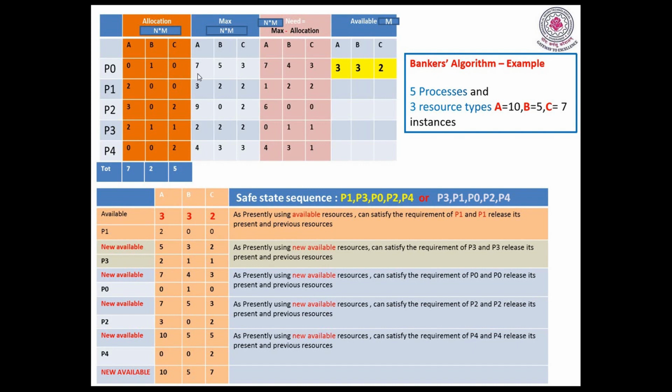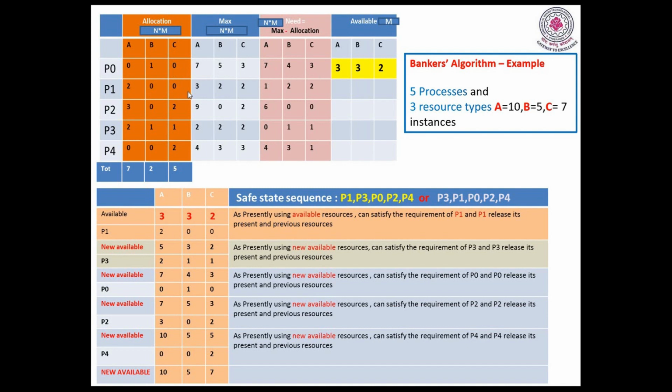You see P0, maximum requested 7, 5, 3. Allocated 0, 1, 0. So subtract. 7 minus 0, so still 7 required. 5 minus 1, 4. 3 minus 0, 3.